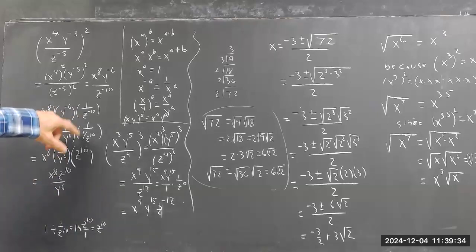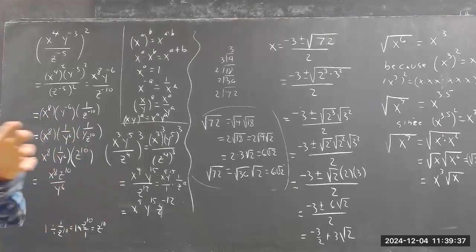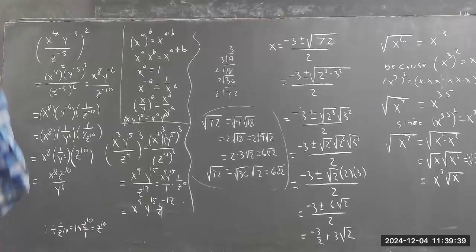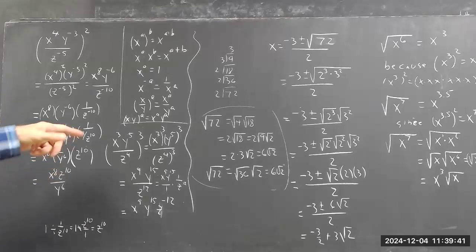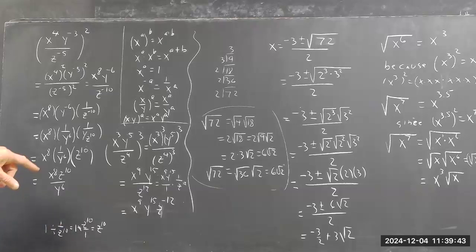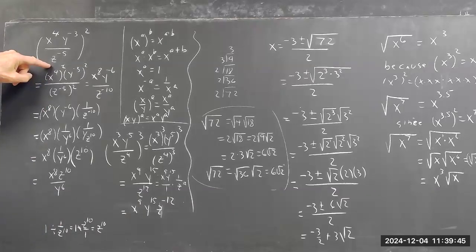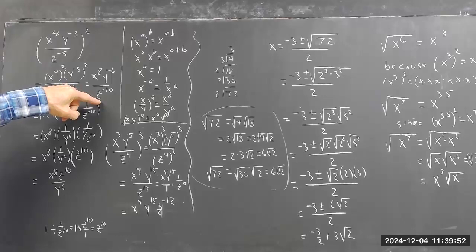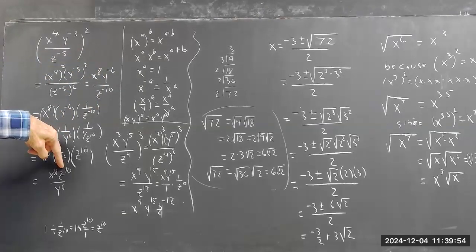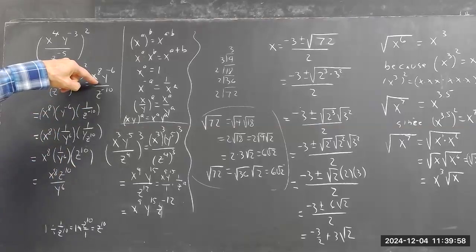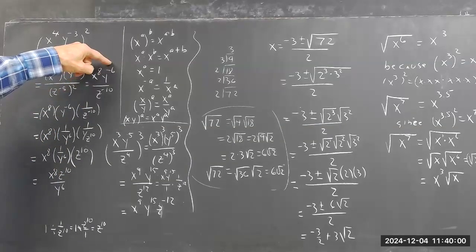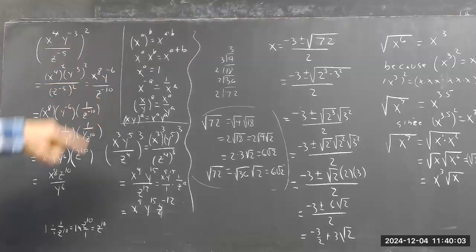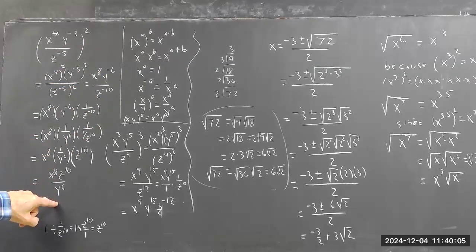Now, this dividing by the reciprocal thing is why all this works. What you can see, once you understand this, is that a negative exponent in the denominator flips up to the numerator and becomes a positive exponent. A negative exponent in the numerator flips and becomes a positive exponent in the denominator.